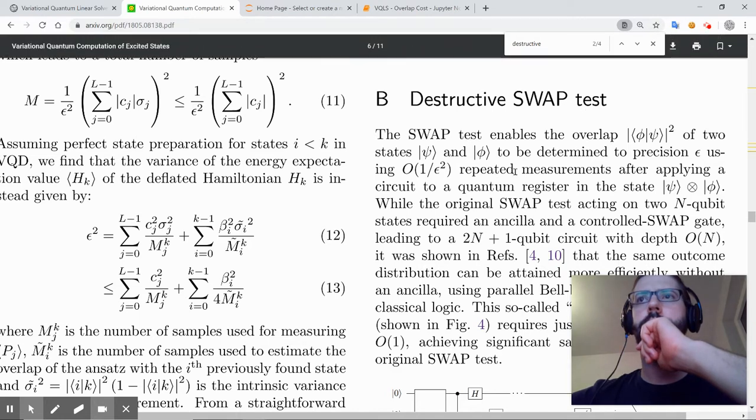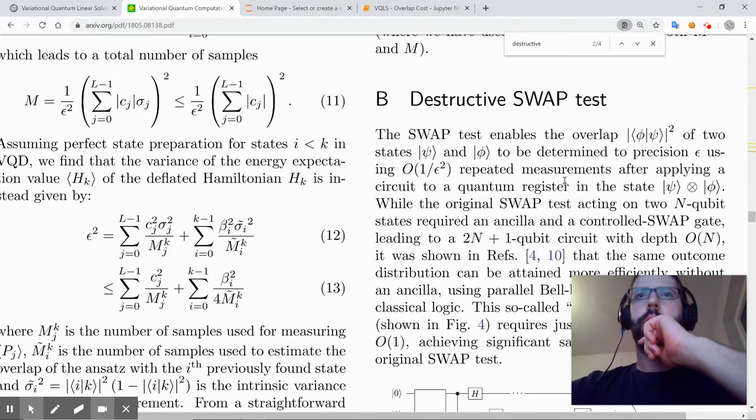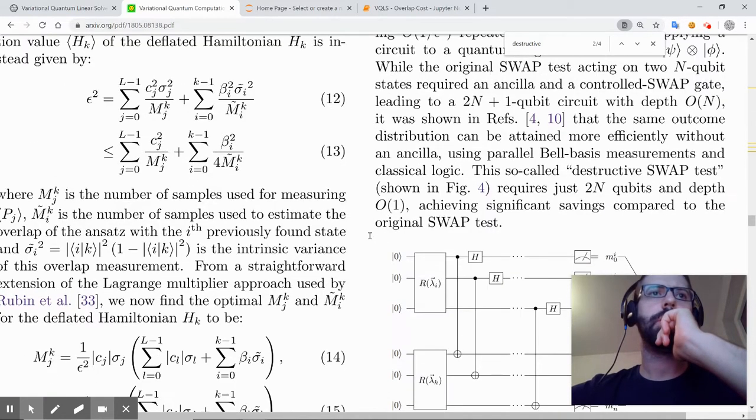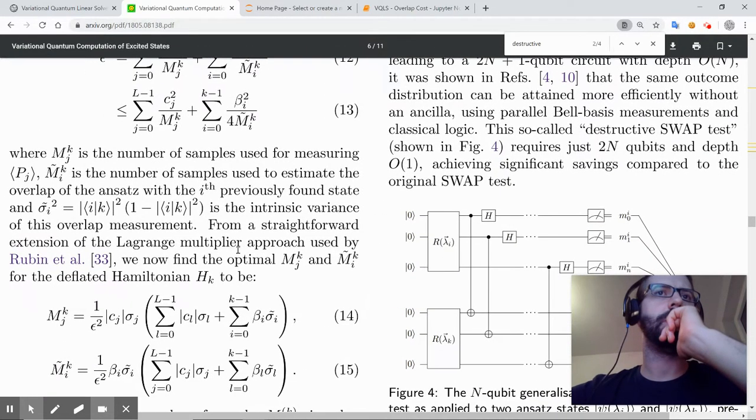The precision measurements after applying a circuit to a quantum register in the state, well, the original swap test. Yeah, but I want to know a bit more about the.